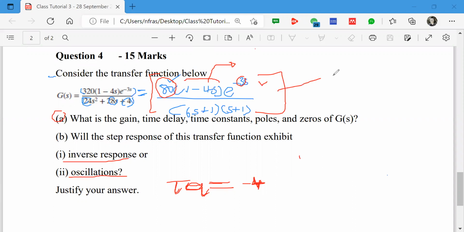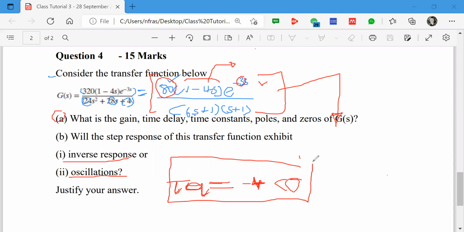But please write it down and have sequential steps to see where that leads you, because you need to be able to understand this. So your tau A is equal to -4, which is less than 0. And this condition from the notes that you're given, if that exists, then you're having an inverse response. So also look at the inverse response conditions and also the conditions for oscillations.